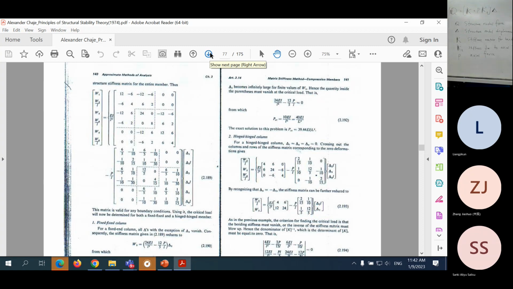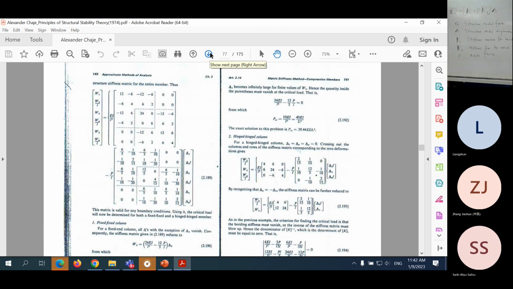When you apply that condition, this matrix size will become smaller. If only 1 non-zero displacement is left, you are left with only a size 1 matrix. The rest you don't need to consider. You can delete them. If the non-zero degrees of freedom after you consider the support conditions become 2 only, then from a 6 by 6 matrix, it will become a 2 by 2 matrix.